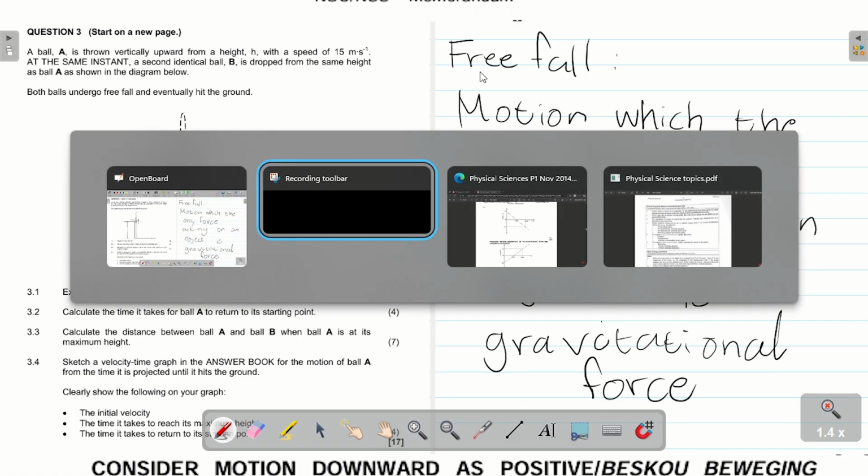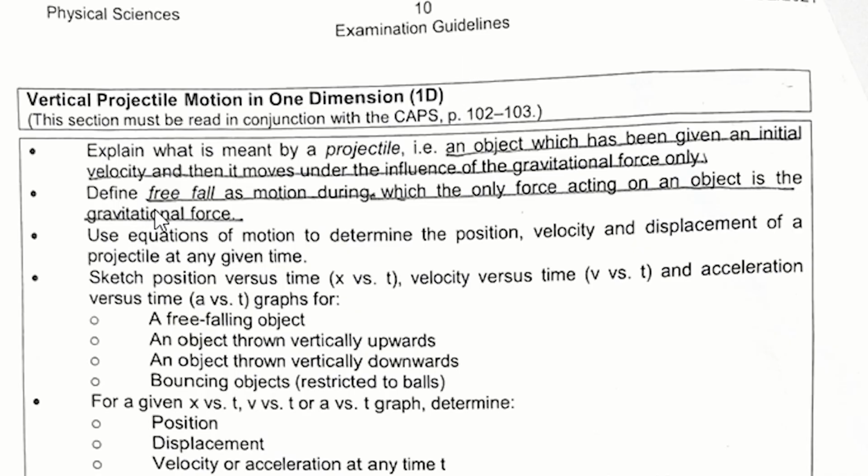The only definitions you need to know for vertical projectile motion are one for projectile, which is an object which has been given an initial velocity and then moves under the influence of the gravitational force only, and free fall, which is the motion during which the only force acting on an object is gravitational force. Those are the only definitions you need to know for vertical projectile motion in one dimension.